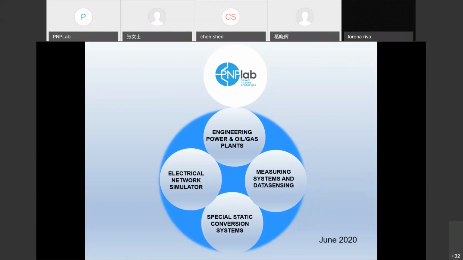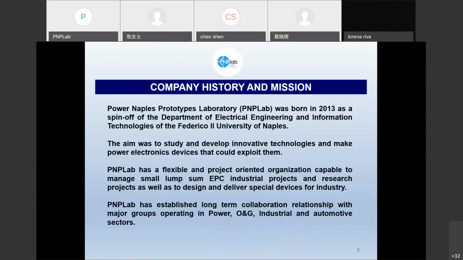We are Power Maple Prototypes Laboratory, a company which was born in 2013, the spin-off of the Department of Electrical Engineering and Information Technologies of the University of Naples Federico II.